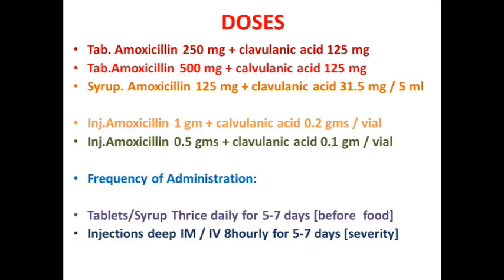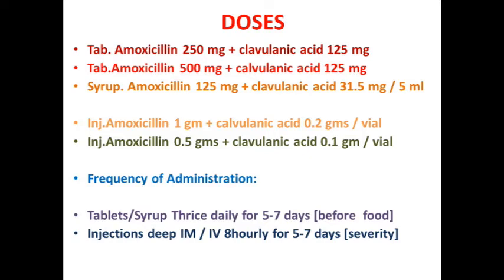Okay, so that's also available. Injections of Amoxiclav are available, which might contain a full strength of 1 gram amoxicillin plus clavulanic acid 0.2 grams, or half the strength for injection, amoxicillin 0.5 grams plus clavulanic acid 0.1 gram per vial. So these are the strengths of fixed dose combinations that are available.